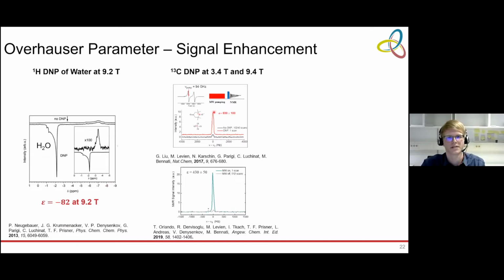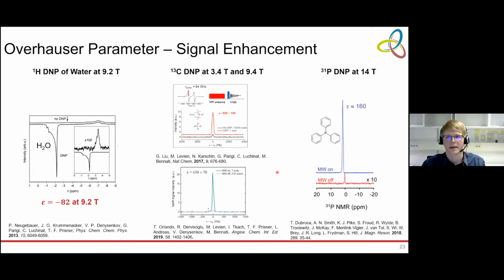Yeah, also we did some work on 13C. We found a factor of 1,000 roughly at 3.4 Tesla, and a factor of 400 at 9 Tesla. And last but not least, the group from Tallahassee with Thierry Dubroca, they measured a phosphorus enhancement and obtained an enhancement even at 14 Tesla, which is the highest on this list, of a factor of 160 approximately.